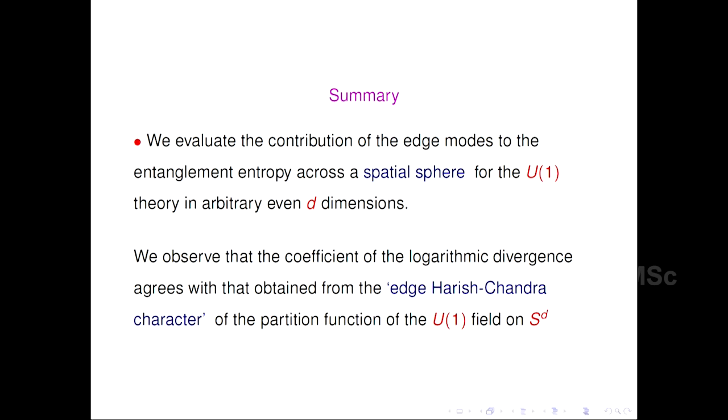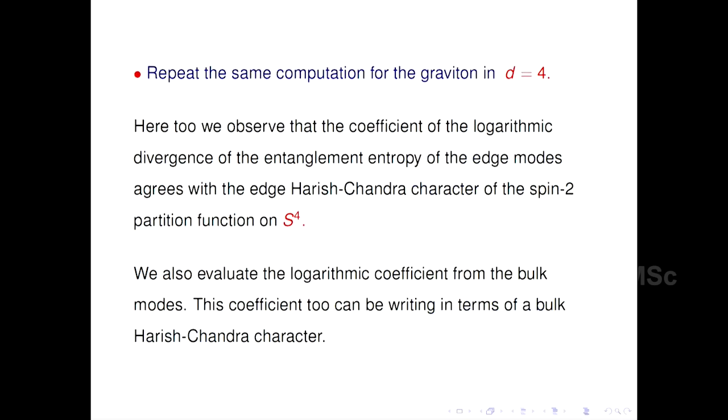If you are in d dimensions, it's S^d, but the entanglement sphere is in d minus 2 dimensions. We repeat the same calculation for the graviton in d equals 4, and here too we observe that the contribution of the logarithmic divergence agrees with the Harish-Chandra character of the spin 2 partition function on S^4. The bulk mode is also done, but I wouldn't emphasize that much, though I will talk about the bulk contributions of the entanglement.